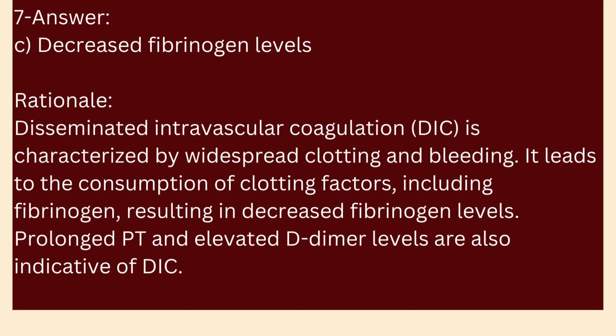Answer: C. Decreased fibrinogen levels. Rationale: disseminated intravascular coagulation, DIC, is characterized by widespread clotting and bleeding. It leads to the consumption of clotting factors, including fibrinogen, resulting in decreased fibrinogen levels. Prolonged PT and elevated D-dimer levels are also indicative of DIC.